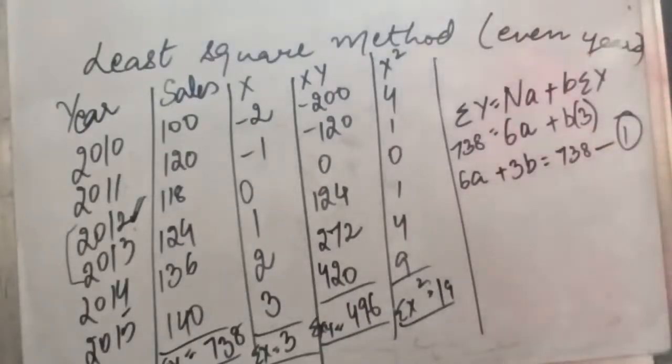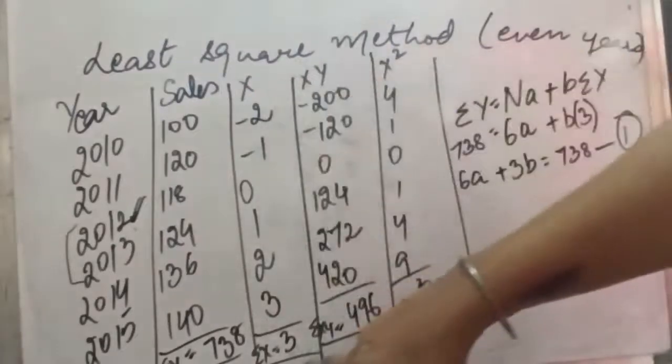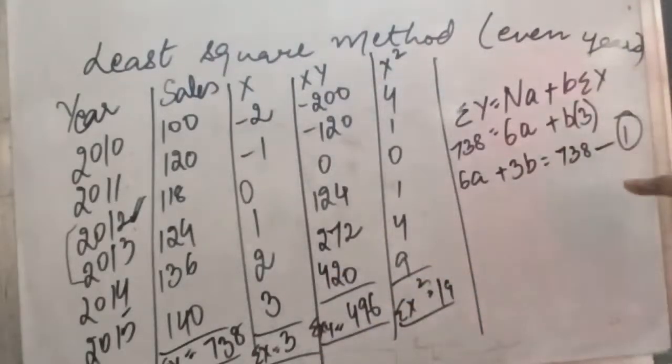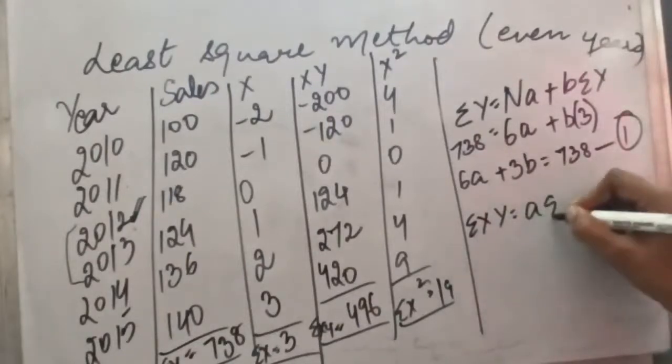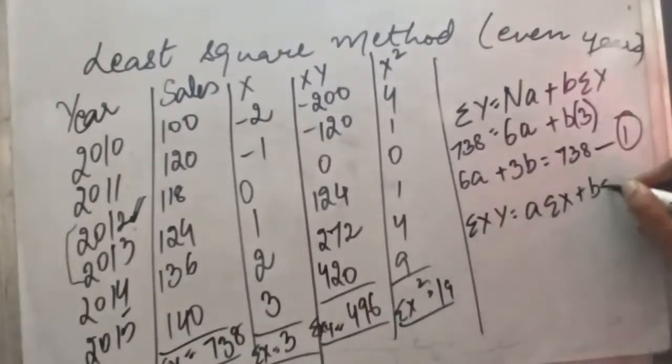Earlier we saw that we directly got the answer of a and b, but in such a situation when sigma x has a certain value, our answer will not come directly; we will have to create equations. Now if you remember the next equation, sigma xy is equal to a sigma x plus b sigma x square.